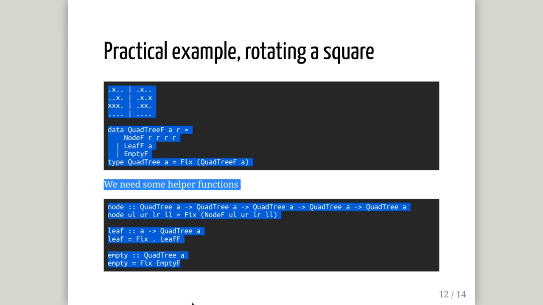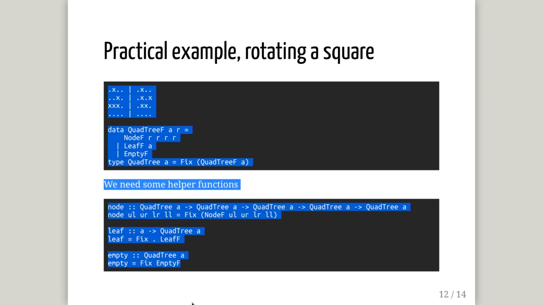So let's define our quad tree. The quad tree will have a node with 4 elements, a leaf with a value of an arbitrary type, and then the empty element in case there's no value at the given point. And that's our quad-tree functor, right? We need that to be a functor in order to apply the fixed point to it. So our quad-tree helper type will have the fixed point applied.